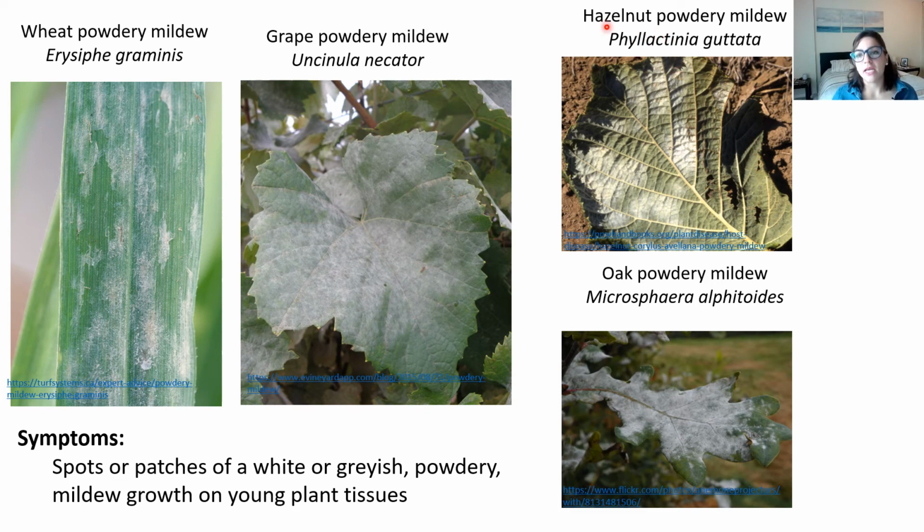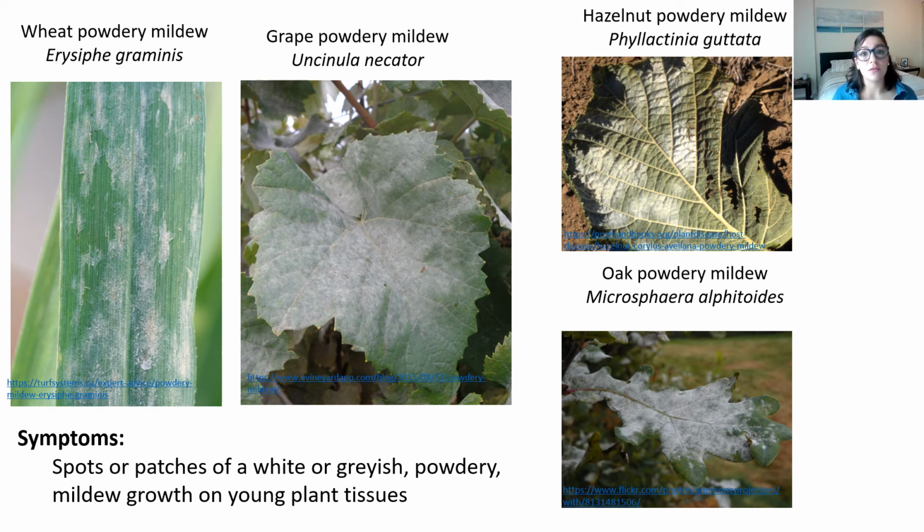We also have it in hazelnut caused by Phyllactinia guttata, and in oak right here, which is caused by Microsphaera alphitoides. If you go and walk to the river valley during the summer, you will observe these kind of symptoms in many plants around the vegetation.